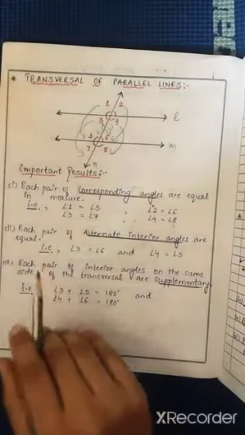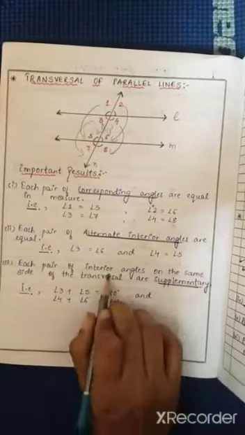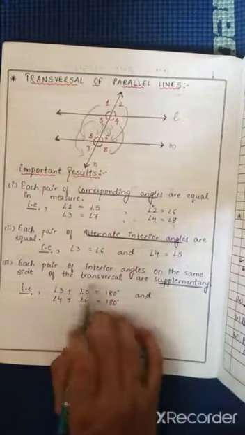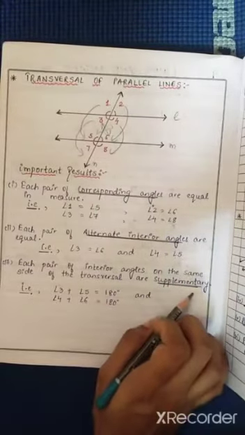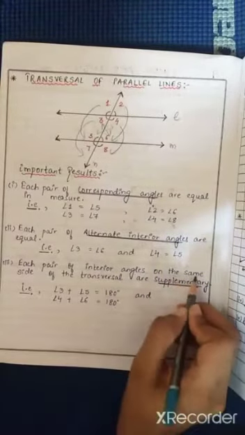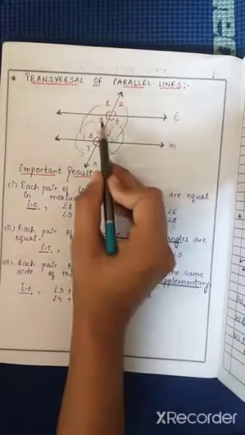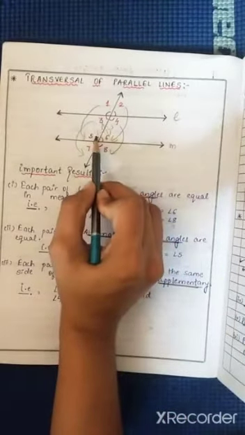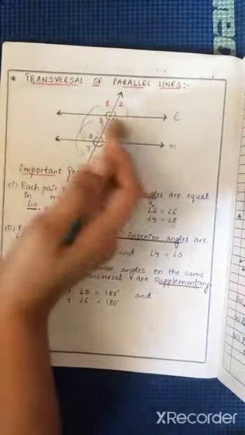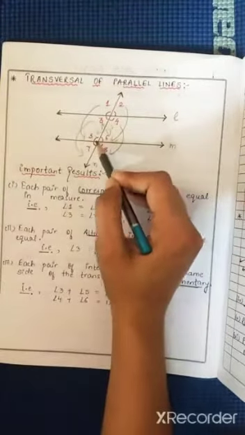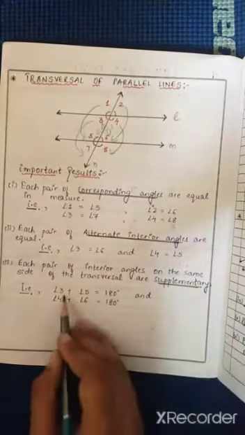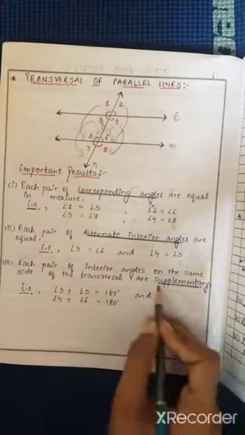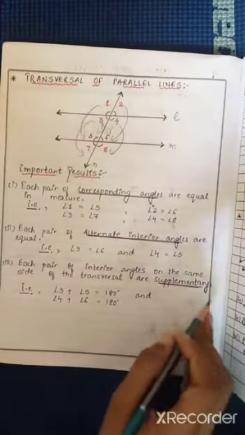Fine. So here the interior angles on the same side of the transversal are supplementary. Interior angles, but they should be present on the same side. Same side means 3 and 5 both are present on the same side, both are present on the left side of the transversal. So 3 and 5 supplementary means what? The sum of the angles should be 180. Students, this you have already studied in 5.1.